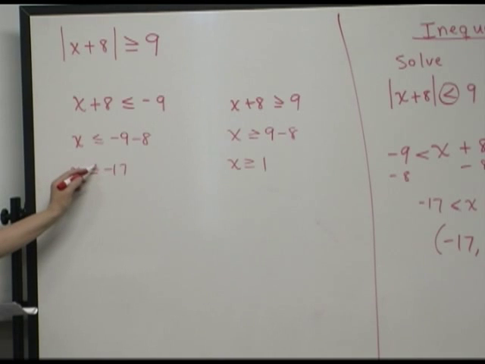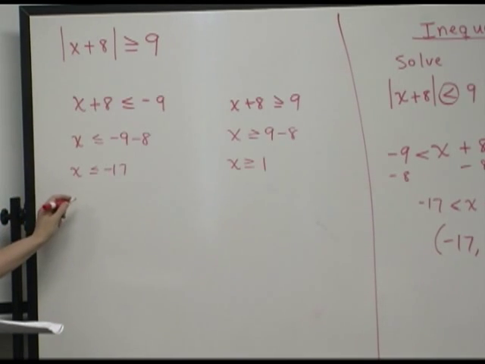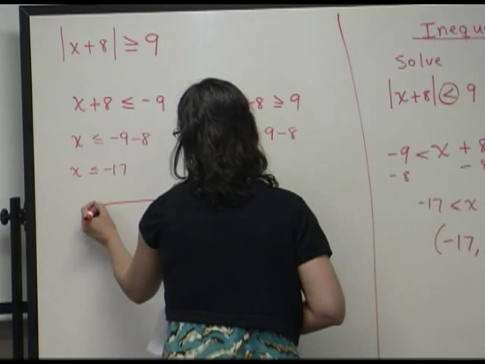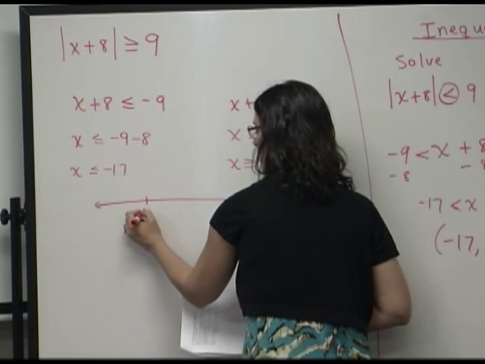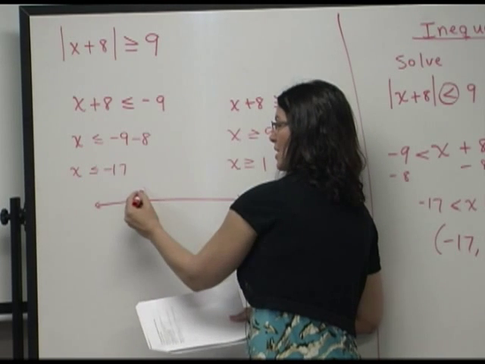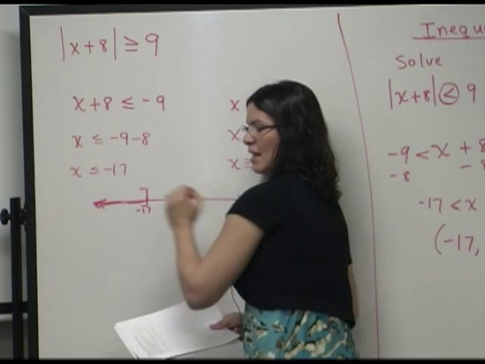I always use that inequality symbol as an arrow. That arrow is pointing that way, to the negative side. So if I have negative 17 here, I'm going to use a bracket, right? Because I have that equal sign. Everything that goes that way.